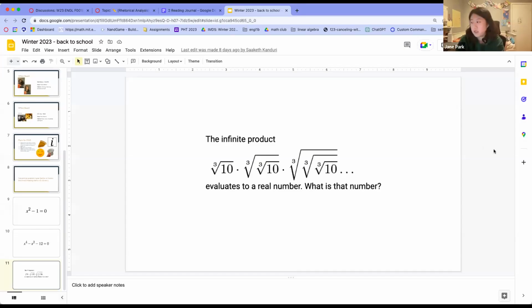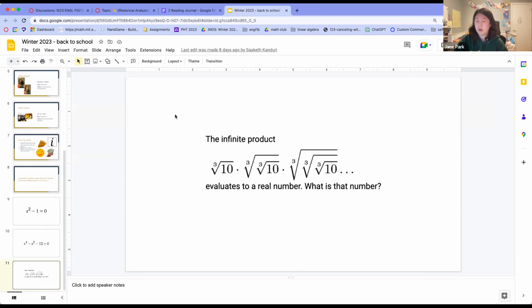In the club meeting recently, we worked with an infinite product that Sakith brought up. There were two ways you could do it. Sakith did it by equating x equals this product and then cubing both sides and replacing what would go here, because the cube gets taken away with x, and then you could solve for it that way.